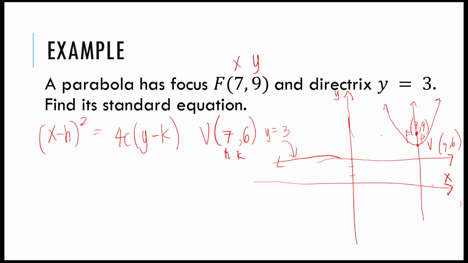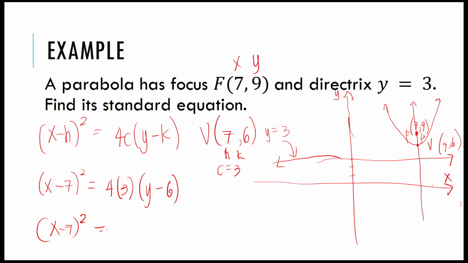So the value of c is 3. And now we can write the standard equation. (x minus h), 7, squared, is equal to 4 times 3 times (y minus k), 6. So the standard equation is (x minus 7) squared equals 12 times (y minus 6). That is the answer.